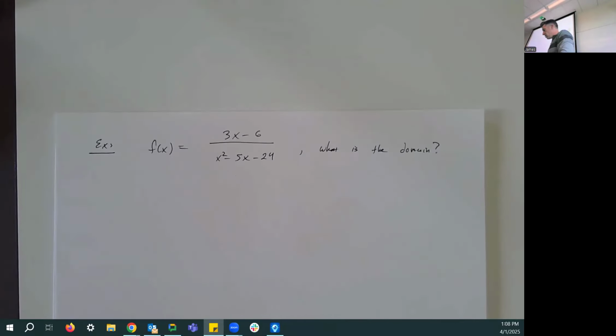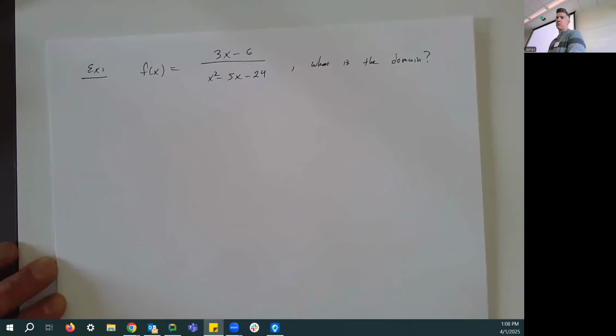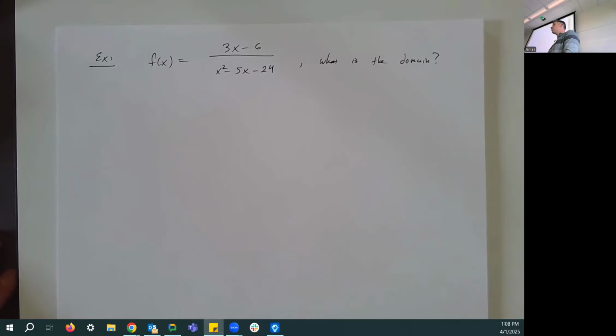Well, I see a fraction, a quotient. It's technically also called a rational function because it's a polynomial divided by another polynomial.